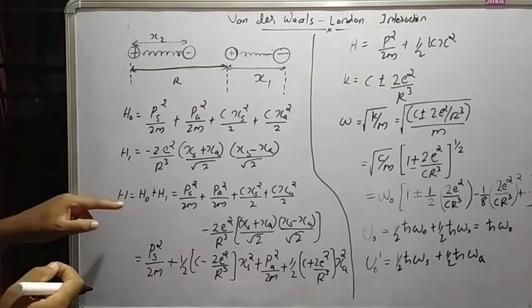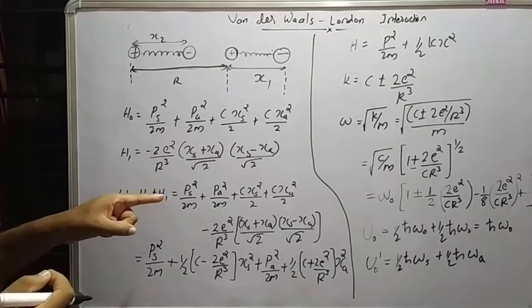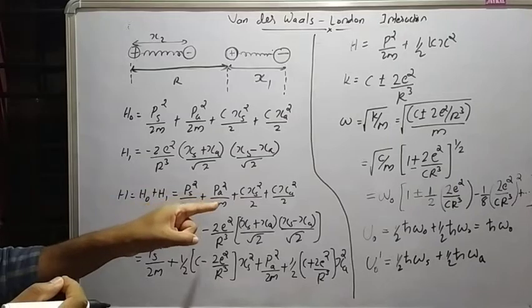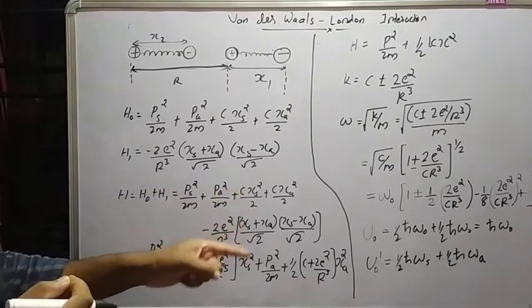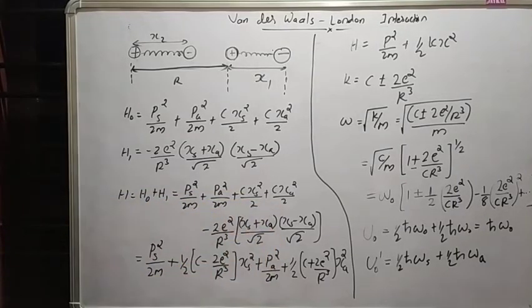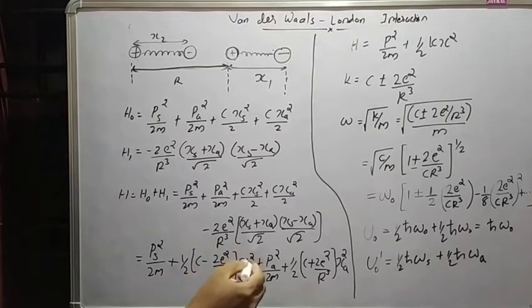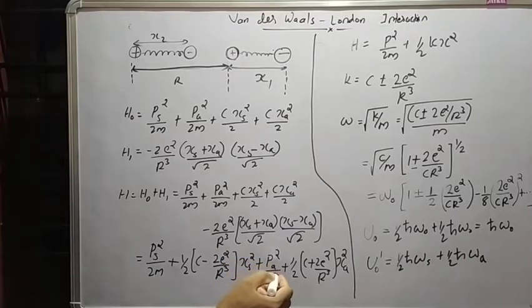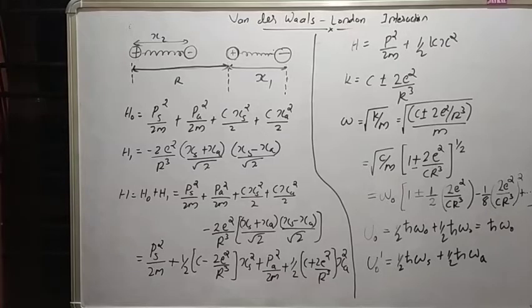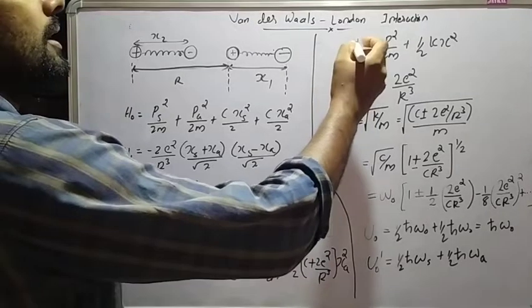The total Hamiltonian H is equal to H0 plus H1. When we expand, we reach this step: p_s square over 2m plus half into C minus 2e square over r cube into x_s square, plus p_a square over 2m plus half into C plus 2e square over r cube into x_a square. And we know the general form of the Hamiltonian.